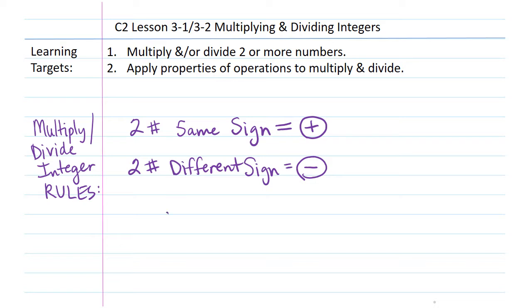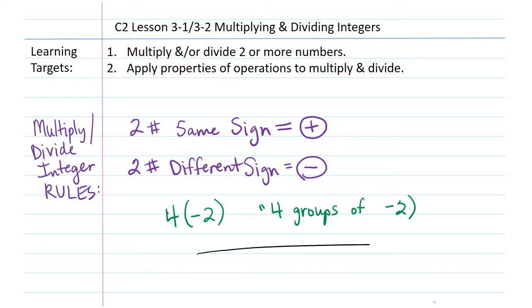Okay, so just as an example, if I have 4 times negative 2, and this kind of goes with word problems, another way you can think of this is 4 groups of negative 2. So if we were modeling on a number line, and I started at 0, I had 4 groups of negative 2.